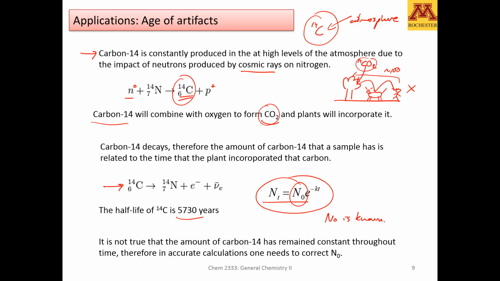That may not be the case, so one has to calculate in an indirect way the amount of carbon-14 at that point, or at least introduce some corrections. The corrections are minimal. It's not going to change the result by thousands of years.